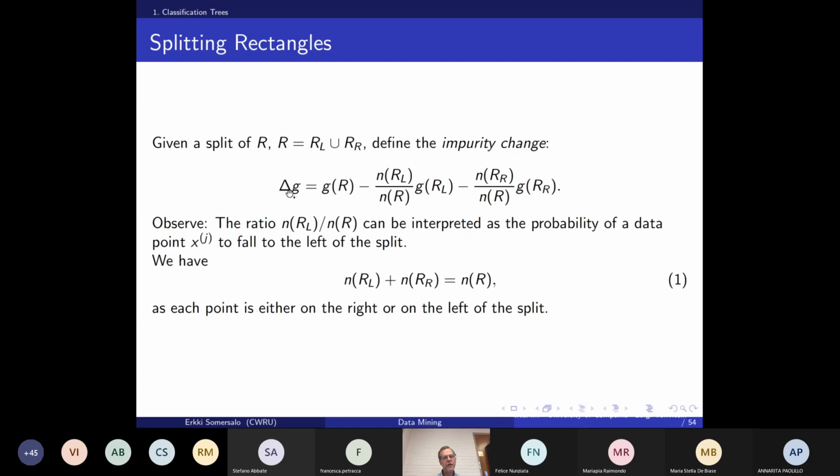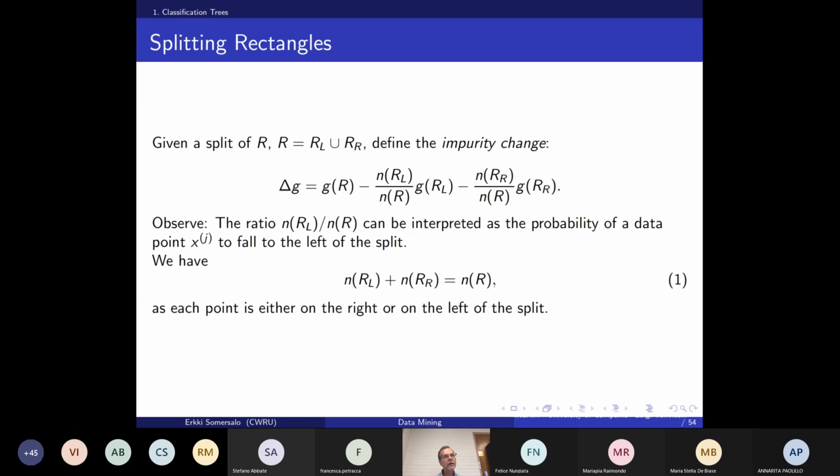Now I'm defining my delta G as the impurity change, and this impurity change means that if GR is the original impurity of the whole rectangle, I'm weighing the impurity of the left rectangle by the frequency of points that went to the left, and I'm weighing GRR with the frequency of the points that went to the right.